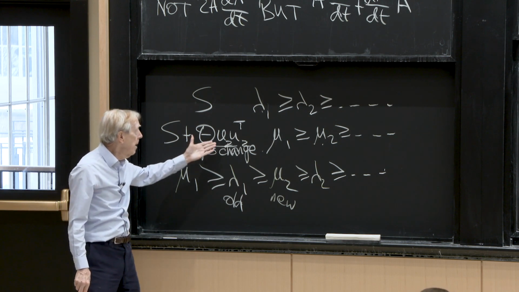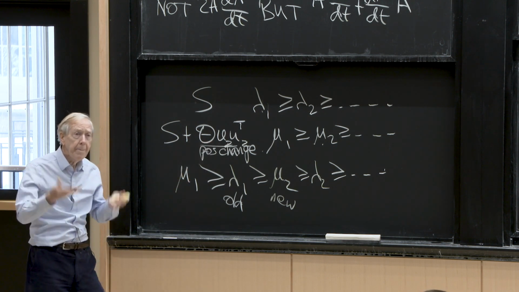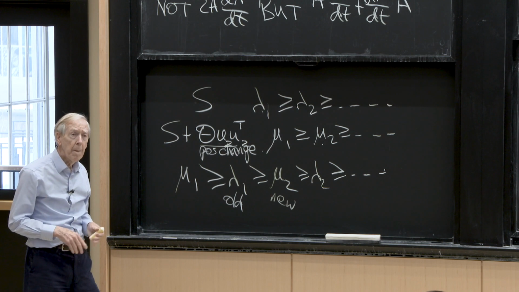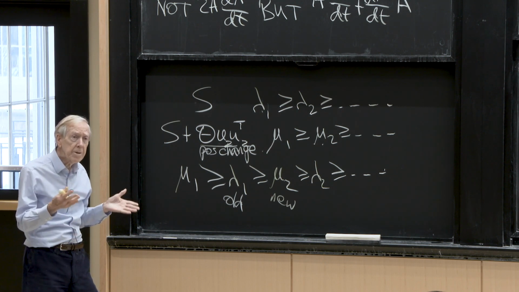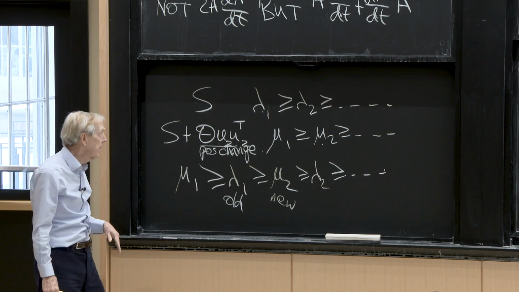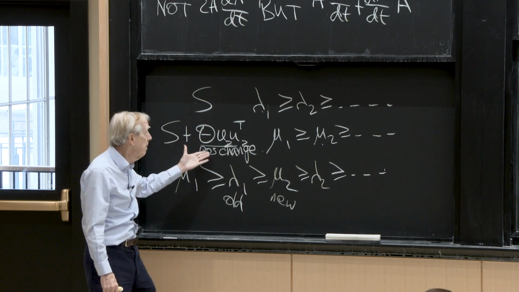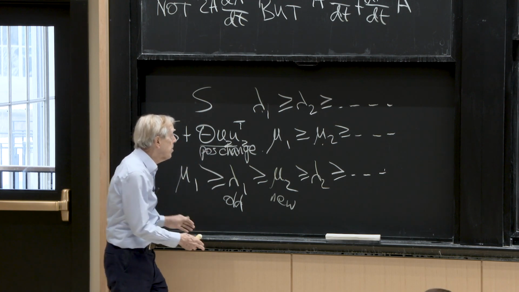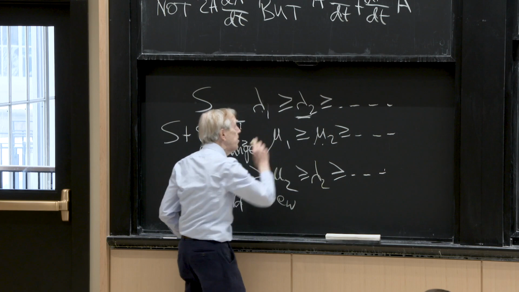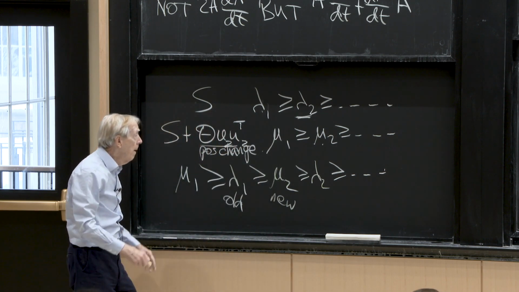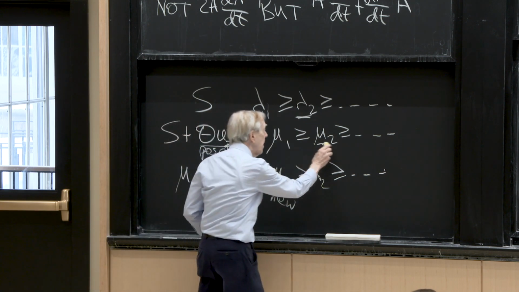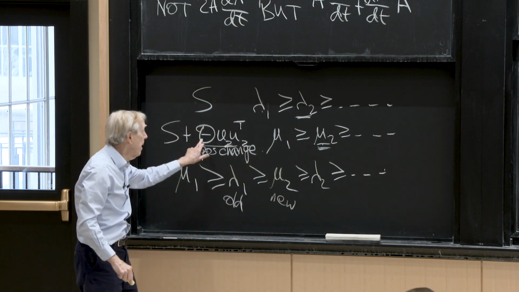So I'm hyping up the matrix in the direction of the second eigenvector. The second eigenvalue was lambda 2, and mu 2, the new second eigenvalue, is going to be bigger by theta.